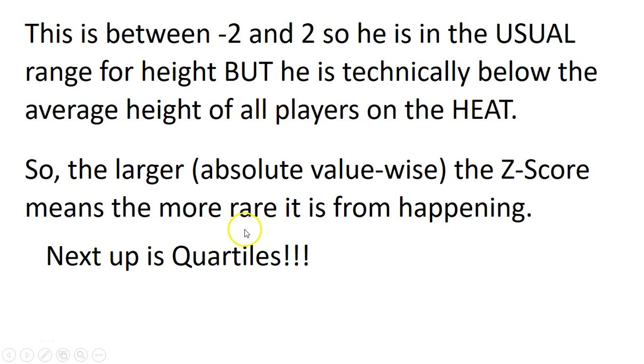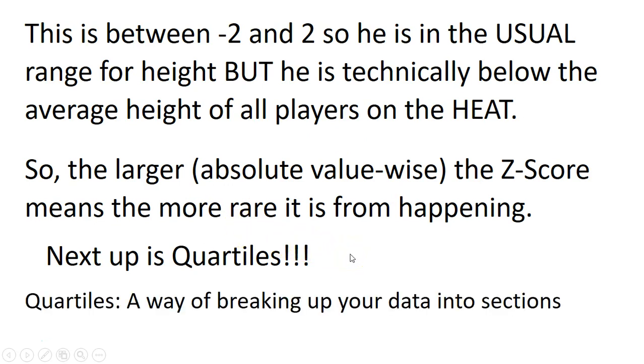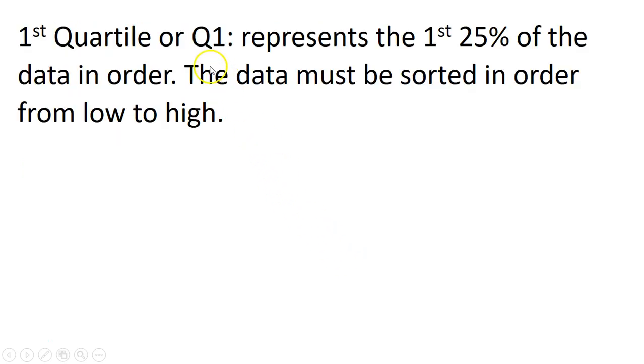So now let's talk about something called quartiles. A quartile is a way of breaking up your data into sections. Don't overthink this. You're breaking the graph into quartiles, or quarters. So you're breaking it up into 4 sections. The first quartile represents the first 25% of the data, a quarter.